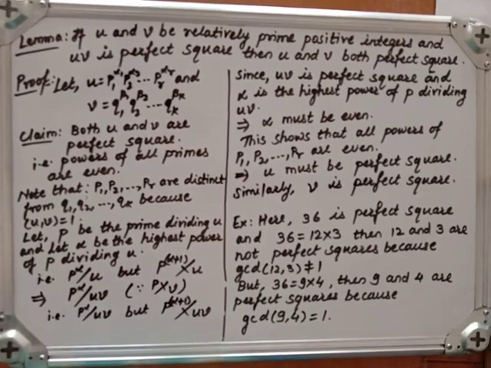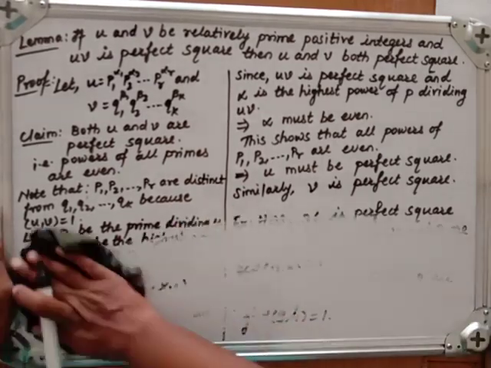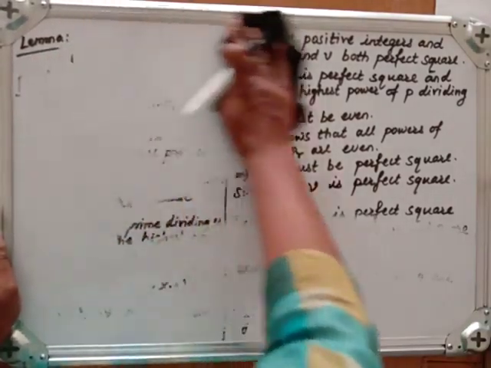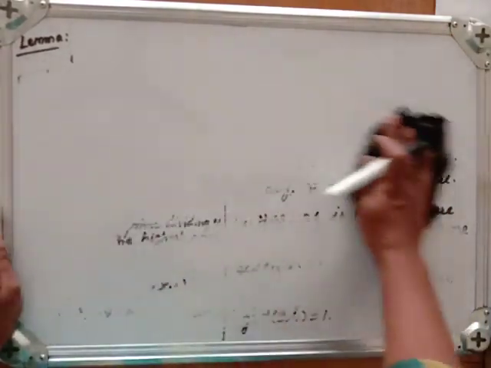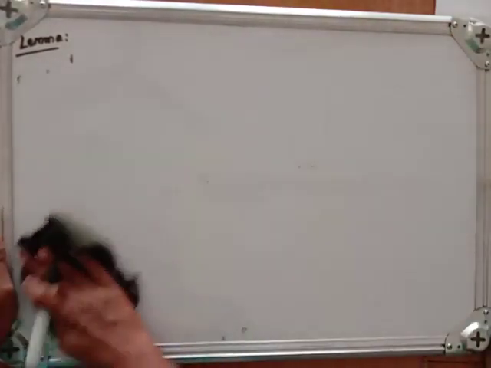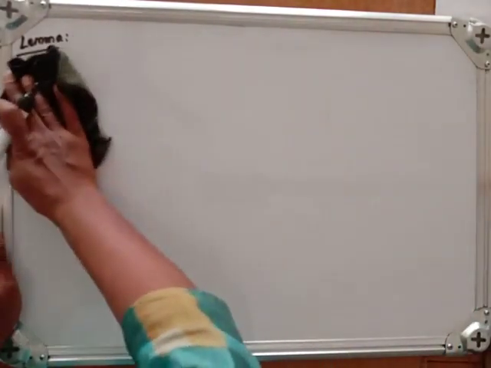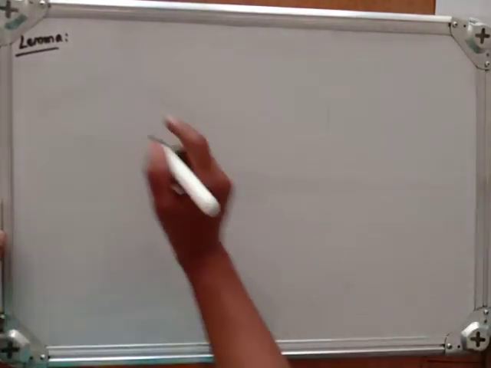So now let's go for the next lemma. Another lemma. It is about the primitive Pythagorean triplet. Okay.